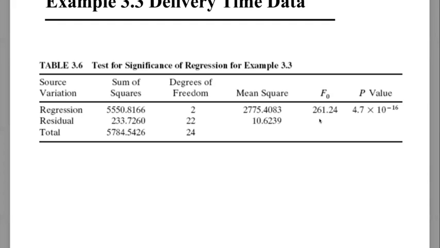And that is in fact quite large for an F value. In fact, the P value is very, very, very close to 0, 4.7 times 10 to the negative 16. So you can see that this is a very, very significant test. There's strong evidence that at least one of those two slope coefficients is non-zero.